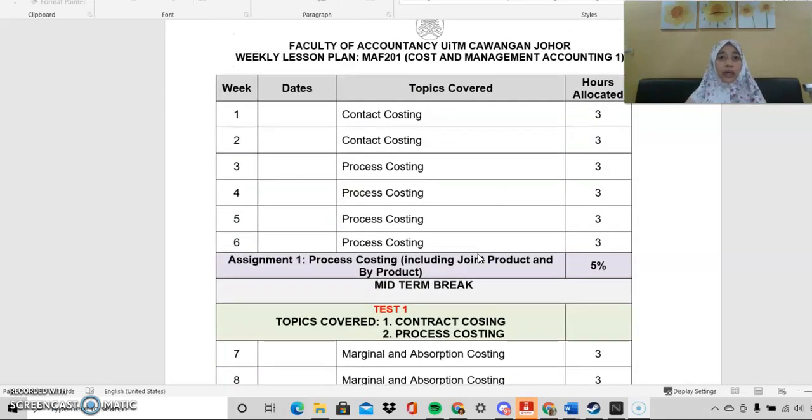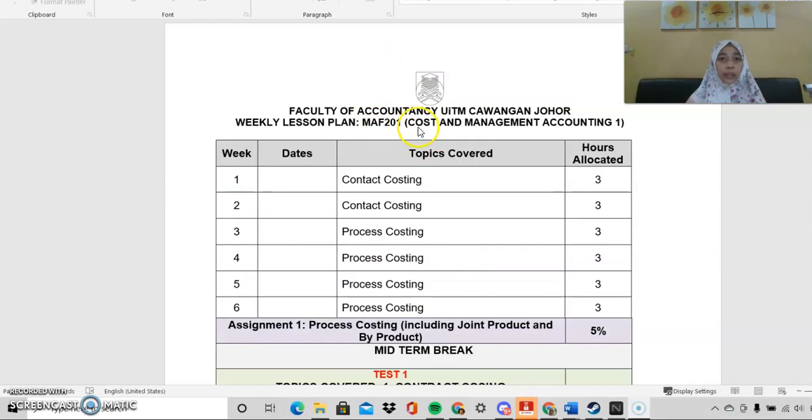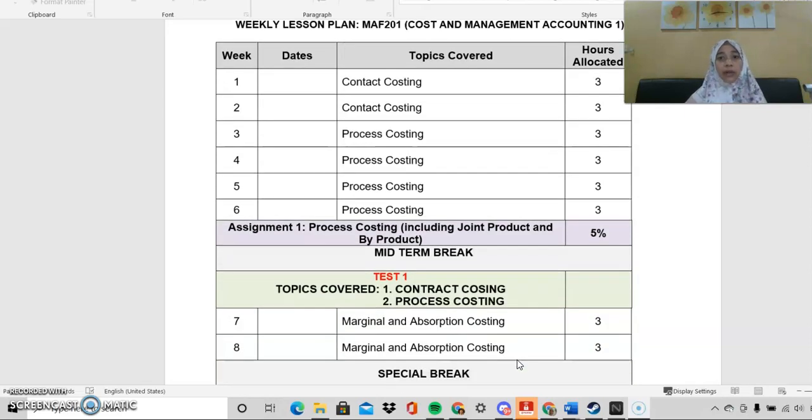So that's why your MAF201 is called cost and management accounting. You will look into a little bit about the management accounting side now. So what is management accounting?